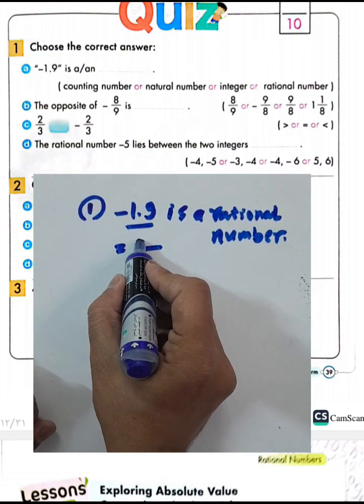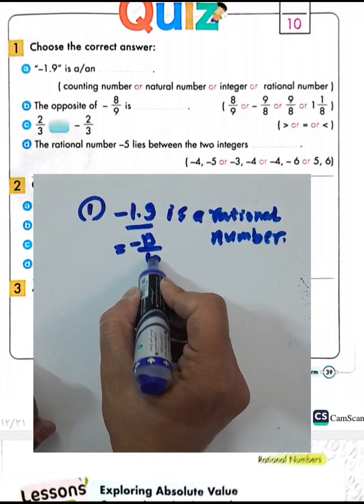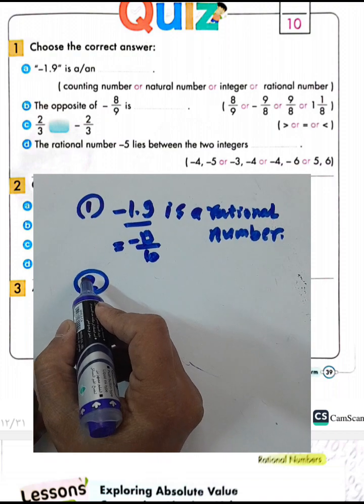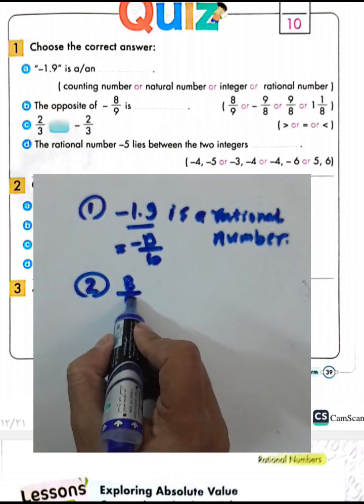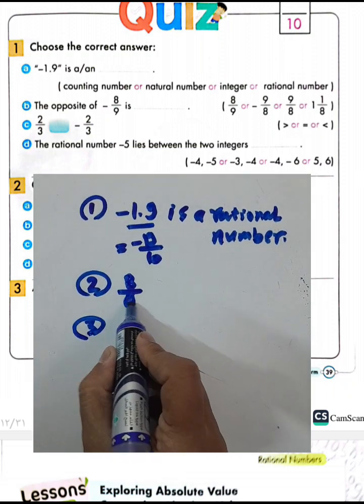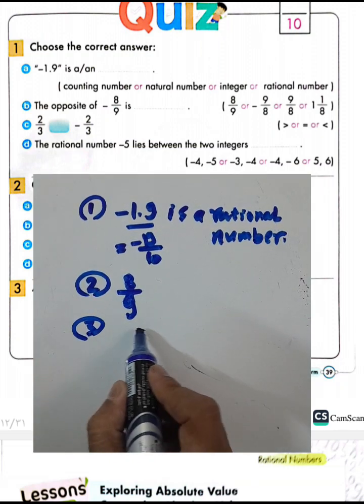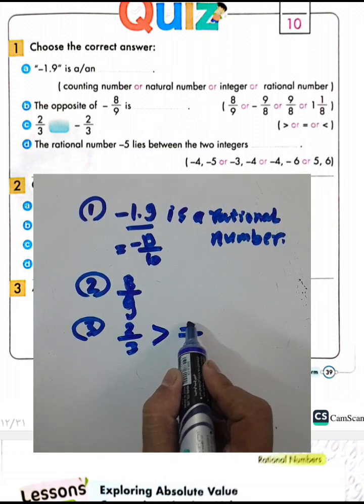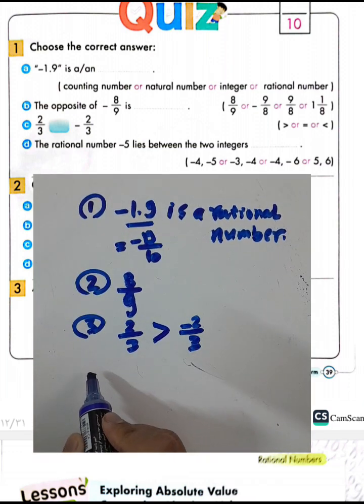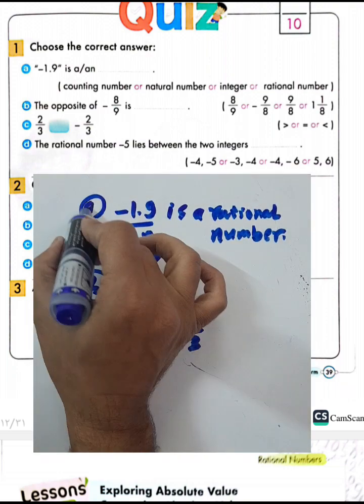Write negative 15 over 10. Question number 2. The opposite of negative 8 over 9 will be 8 over 9. Okay, question number 3. 2 over 3 is greater than negative 2 over 3. It was letters A, B, C.